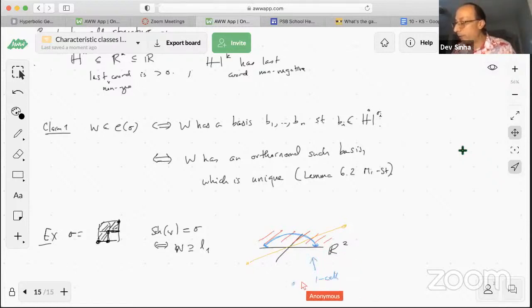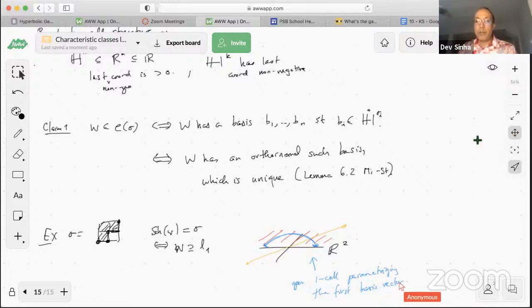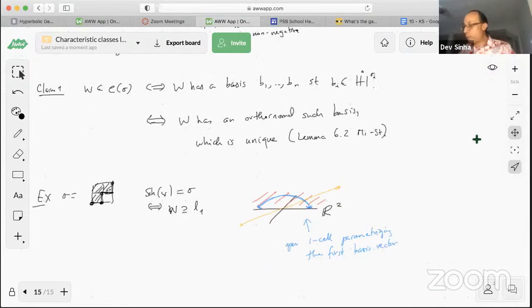An open one cell parametrizing the first basis vector. And then my drawing is going to get a little bit not as good, but in fact, let me say it over here. What I do is, well, I'll redraw just the line.